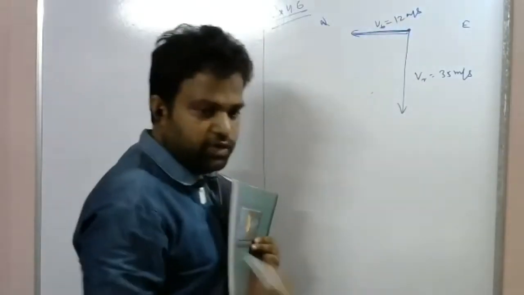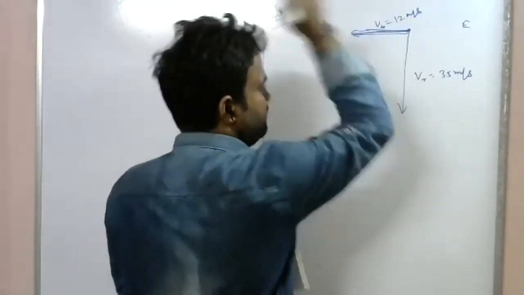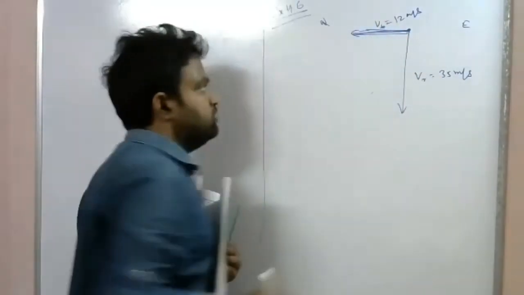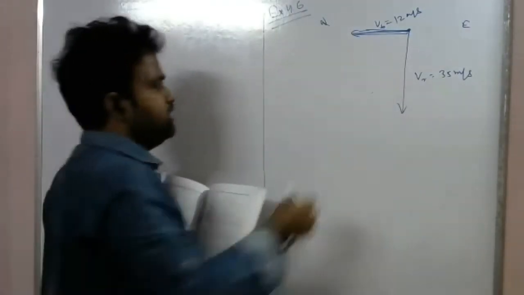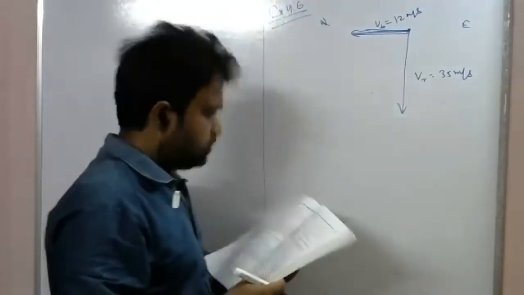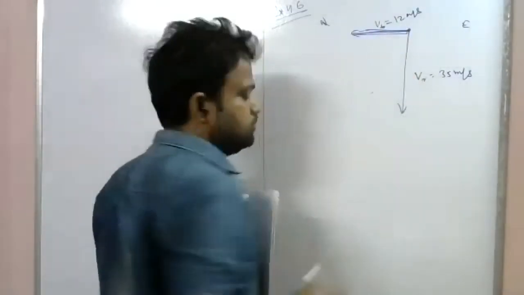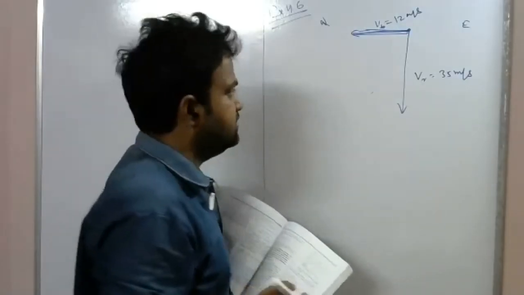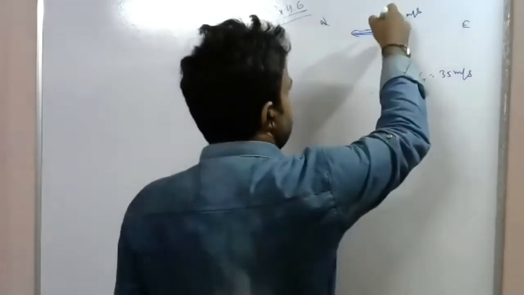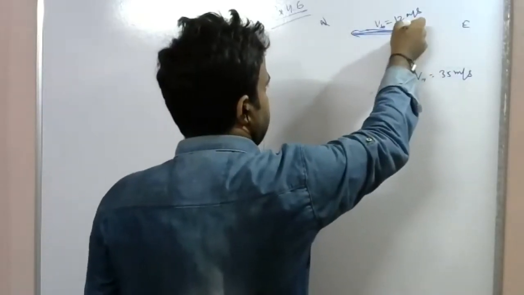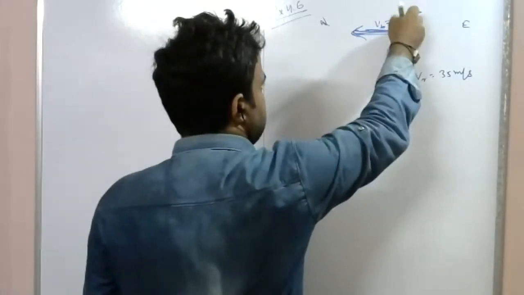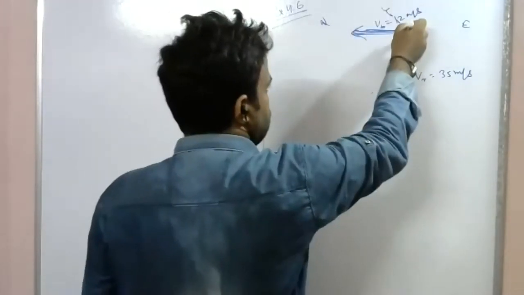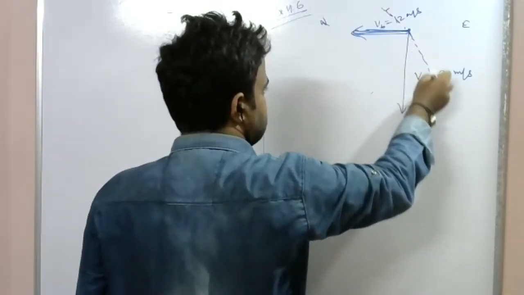As you are moving, the relative velocity will come. What is the relative velocity of rain with respect to your bicycle? Because you are moving in this direction, you have to hold your umbrella in front like this. So the resultant should appear like this. We will consider the resultant is like this.